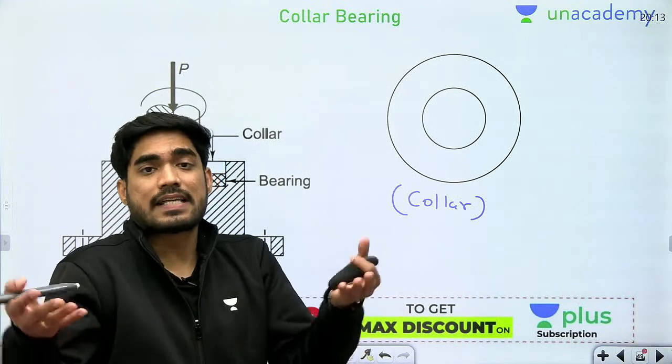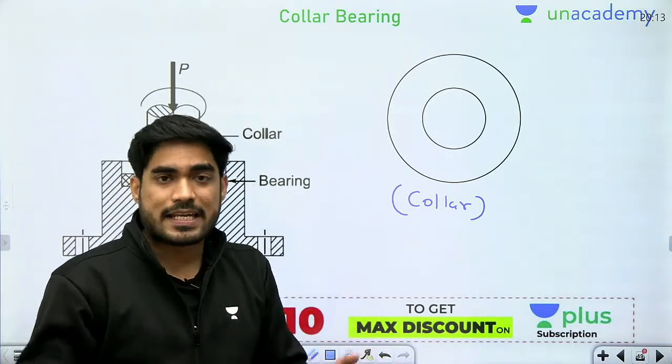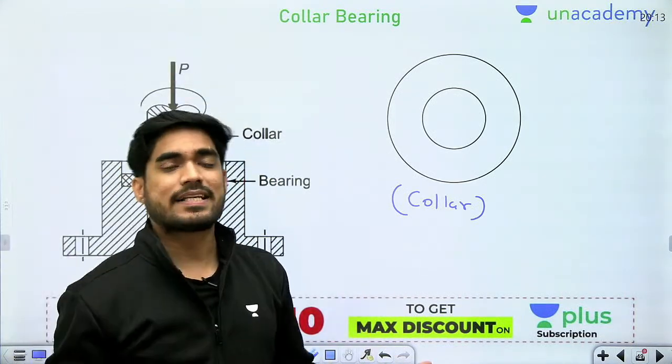In order to increase our contact area. If the area is increased, the load carrying capacity will increase.